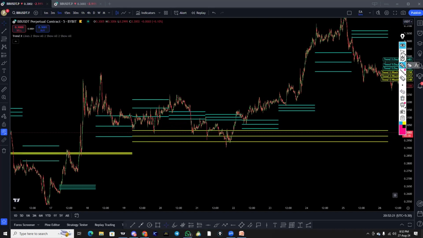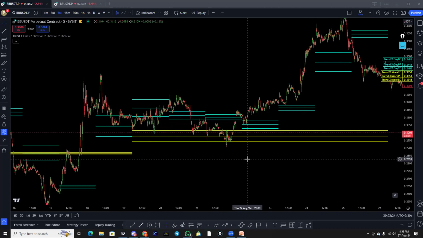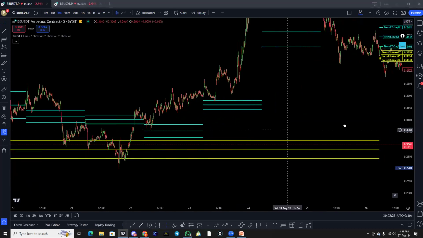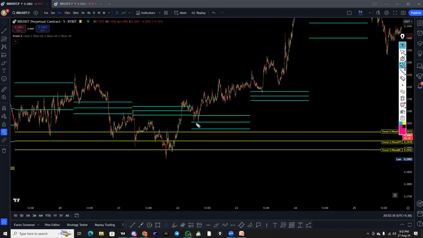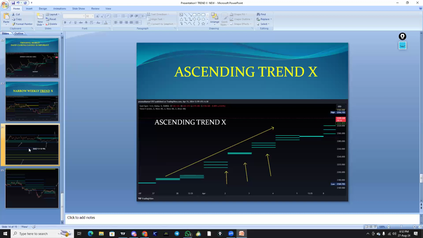Now rule number one, when we are above the weekly, this is a very interesting part. When we are above weekly, as in the current situation, we should look for long positions above daily trend X. If not, if candles are coming up from below, then we are looking for long positions from S1. This is how it looks.